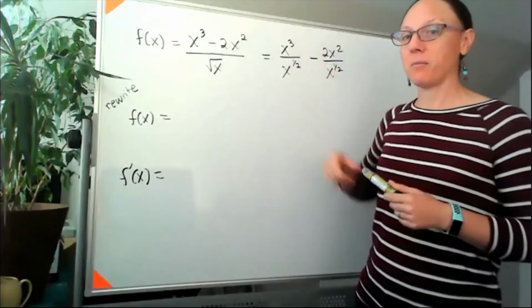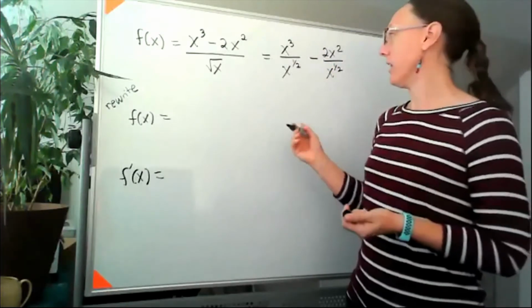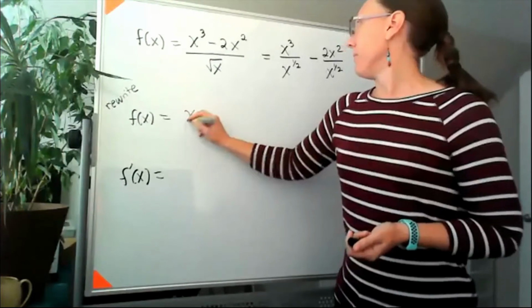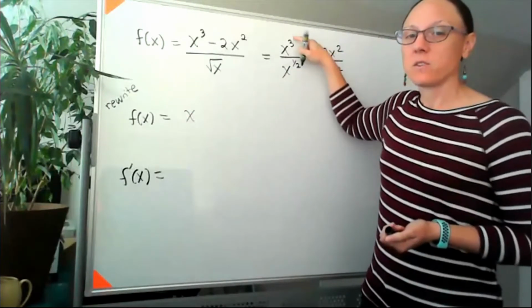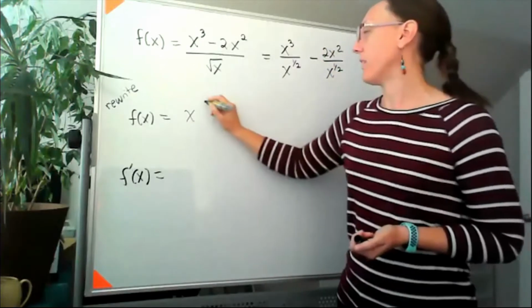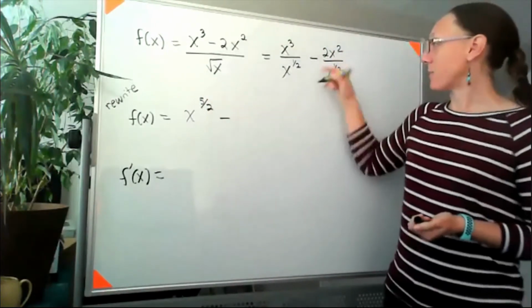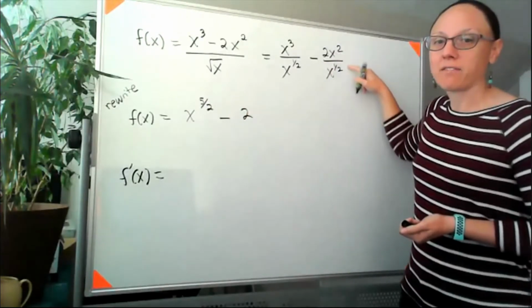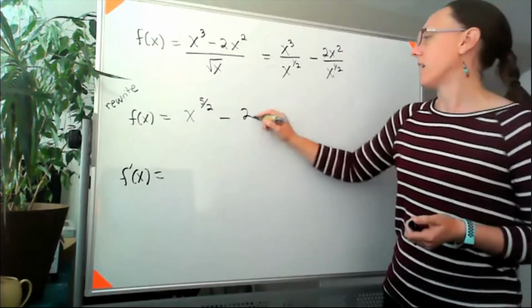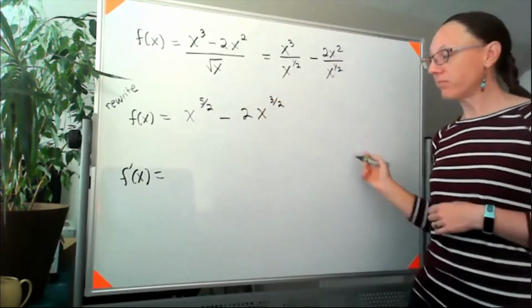So 3 minus 1/2, I would choose to do this as a fraction, because 3 is secretly 6 halves. So 6 halves minus 1/2 would give me 5 halves. Now this next piece, 2 is secretly 4 halves. So 4 halves minus 1/2 is 3 halves. And I'd have 2x to the 3 halves.